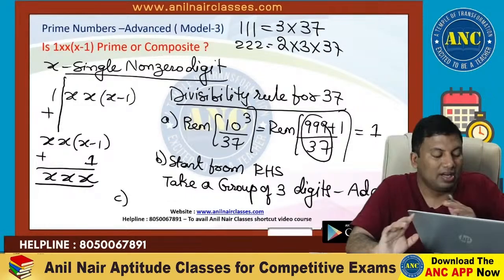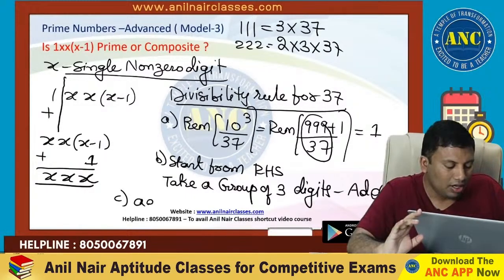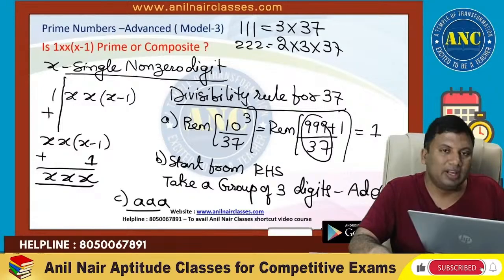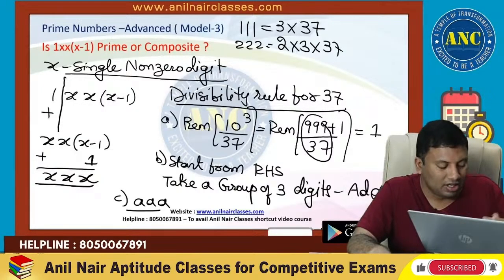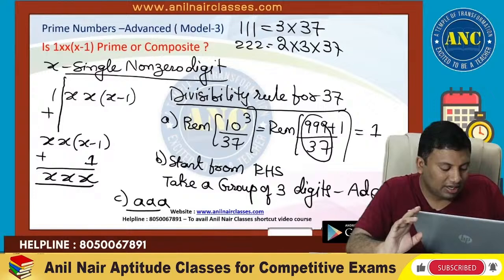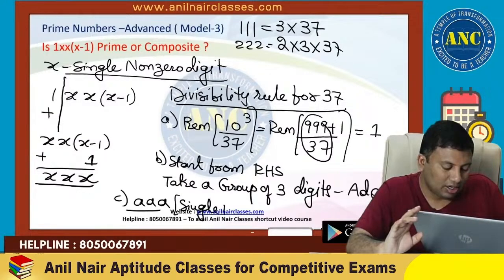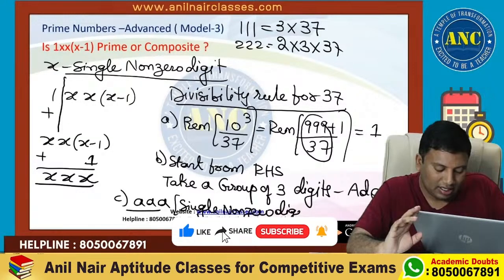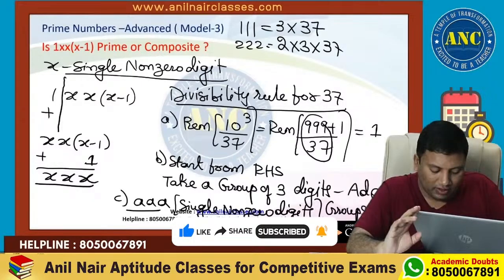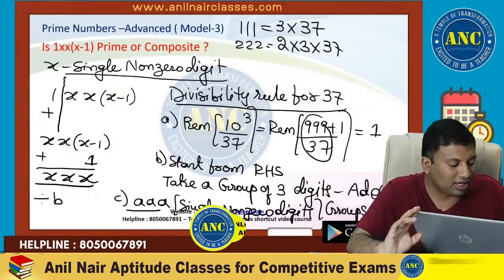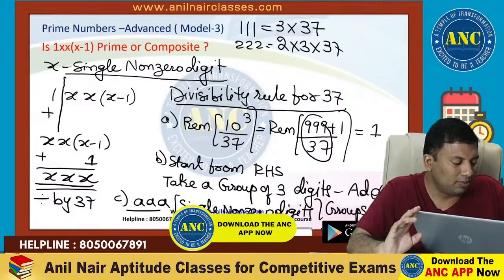Any number of the form AAA, where a single non-zero digit is written in groups of 3, is always divisible by which number? 37.